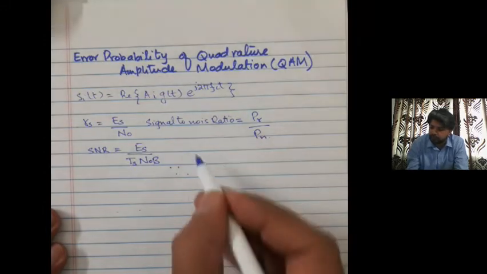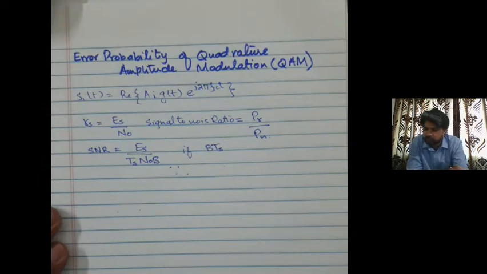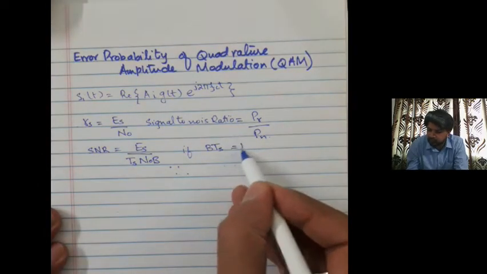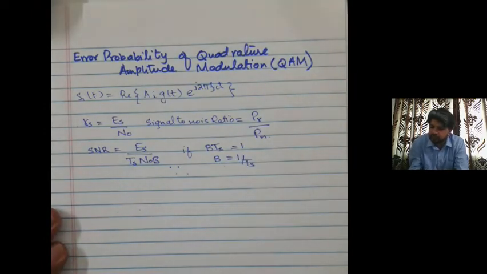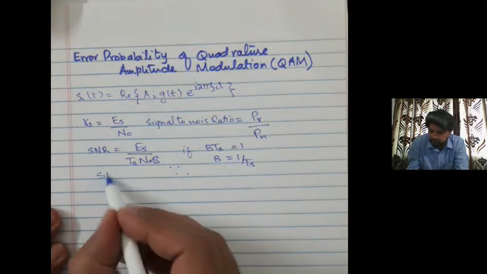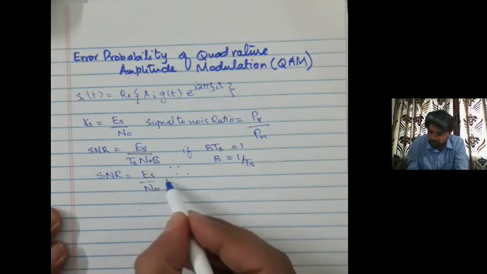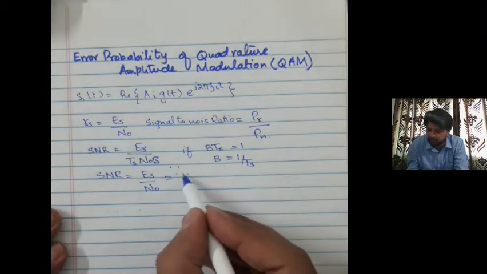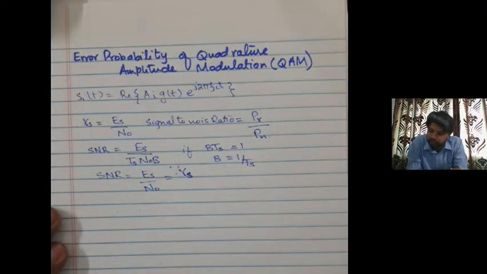Now, if your bandwidth and symbol interval product B times T_s is equal to 1, in other words, your bandwidth is nothing but 1 over T_s, then your signal to noise ratio would be equal to E_s over N_0. So E_s over N_0 is really something that is related to the signal to noise ratio, and we have been calling it gamma_s, which is sometimes used as a symbol of the signal to noise ratio.